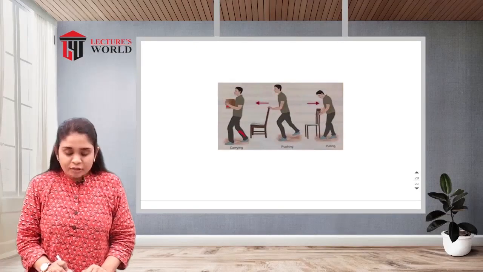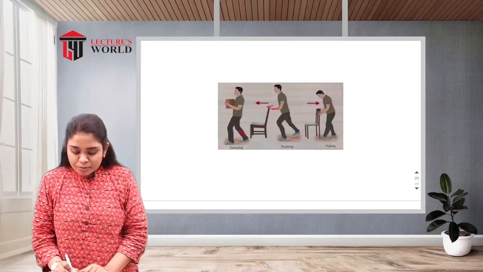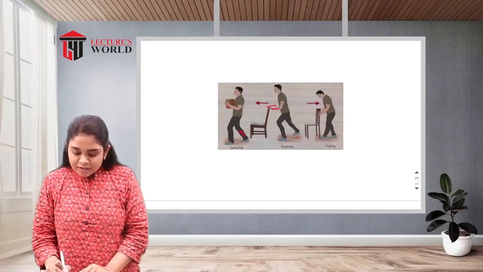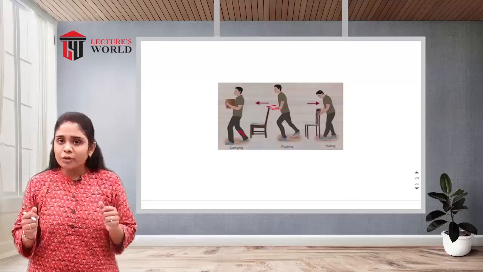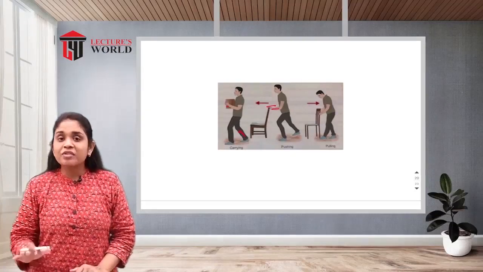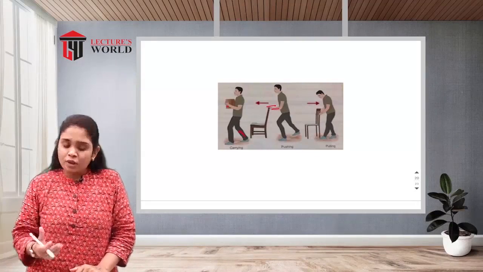When this person, or we can say the nurse, is trying to move the chair, they also use both hands. And sometimes, if it is lightweight, you can lift it. Like that you can reduce extra strain and body ache.